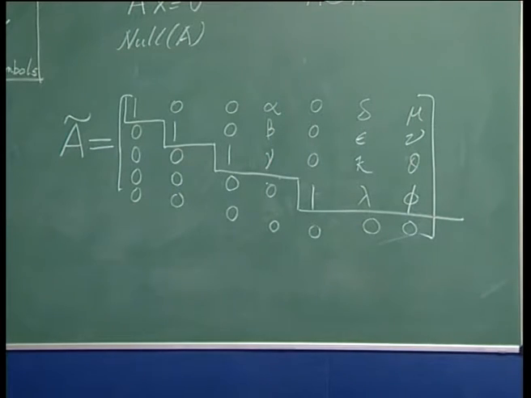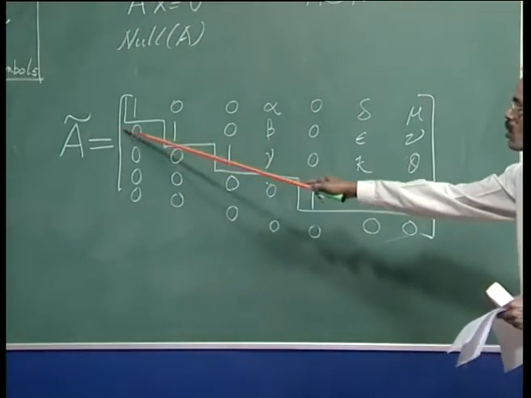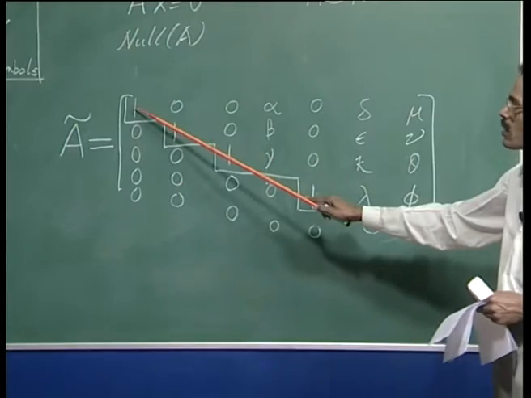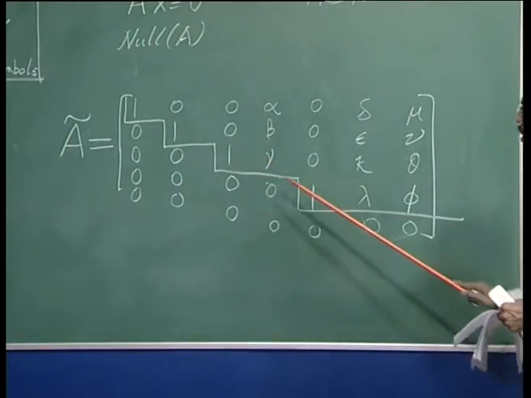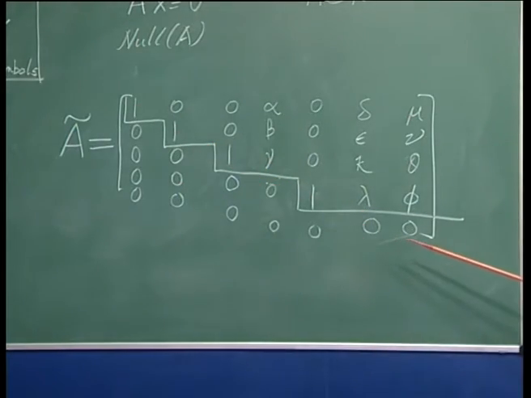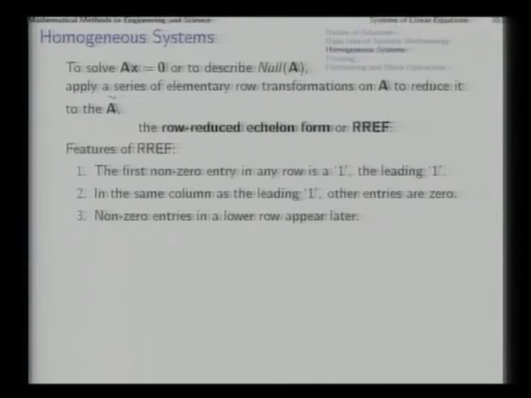The features of this form are that the first non-zero entry in any row is a 1. In this row, there is no non-zero entry. If it were there, it would be a 1 wherever it appears. This particular entry is called the leading one. So the first non-zero entry in any row is a 1, which is quite often referred to as the leading one.